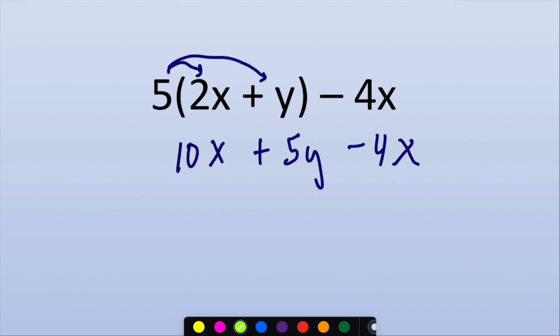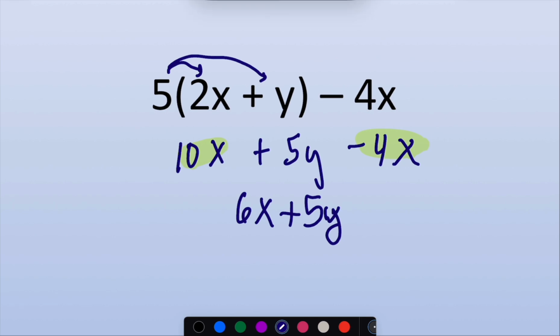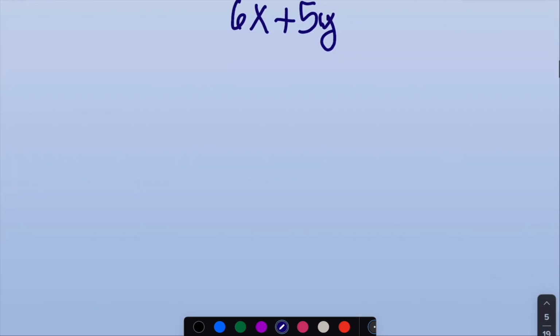Again, our only like terms are these two. So 10x minus 4x is a total of 6x's plus 5y, and you're done. So where the parenthesis sits is going to impact that final outcome. And that's as far as you can go.